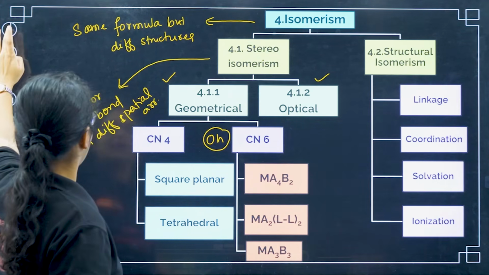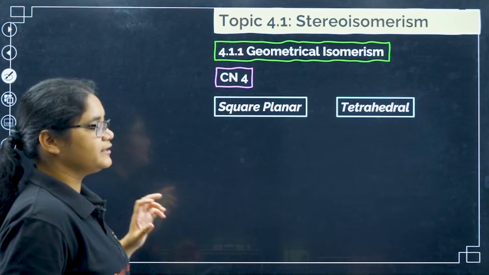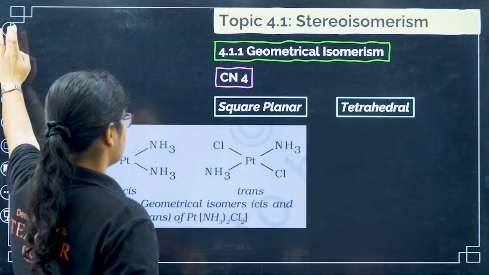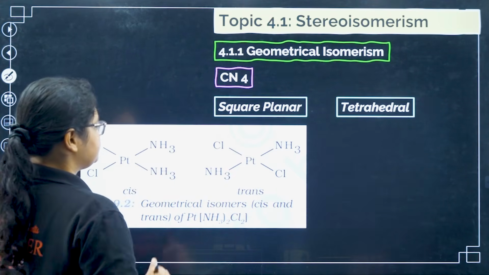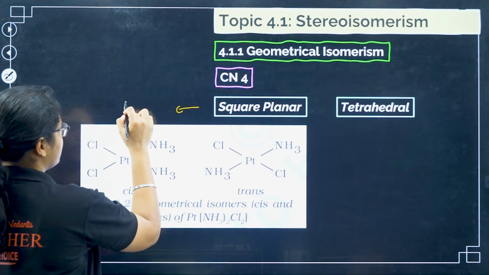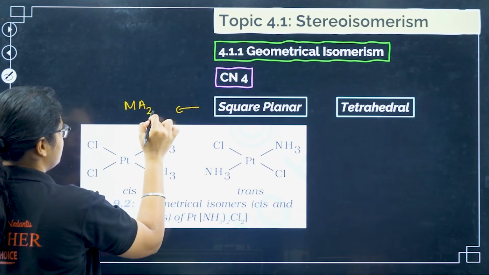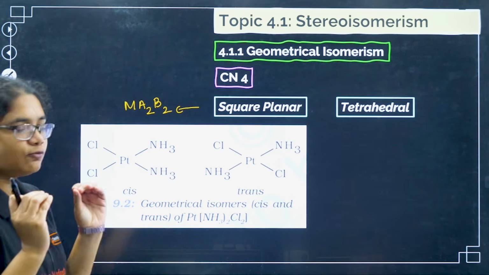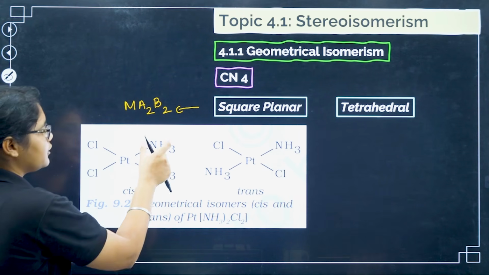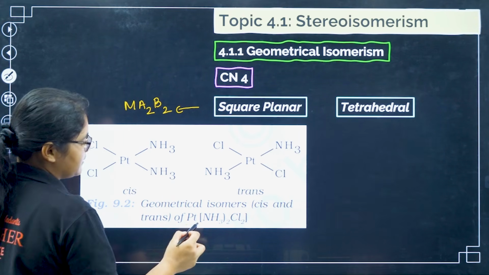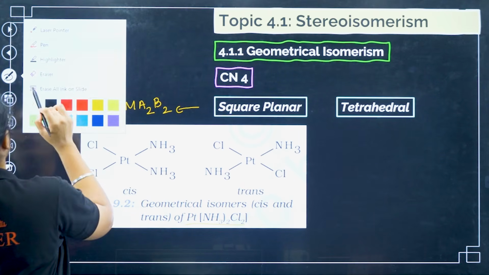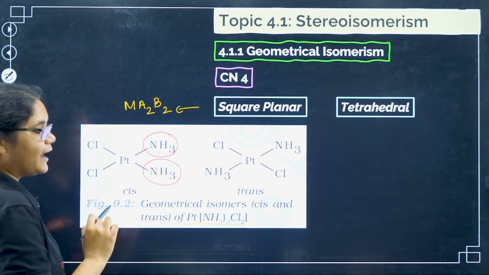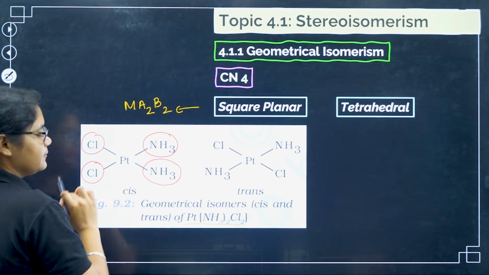Now let's look at the isomerism. First, geometrical isomerism for coordination number 4, square planar and tetrahedral. What is the formula for square planar? You have Ma2B2. There will be 4 branches. If you consider the example Pt(NH3)2Cl2, 2 NH3 groups are on the same side and 2 chlorines are on the same side.